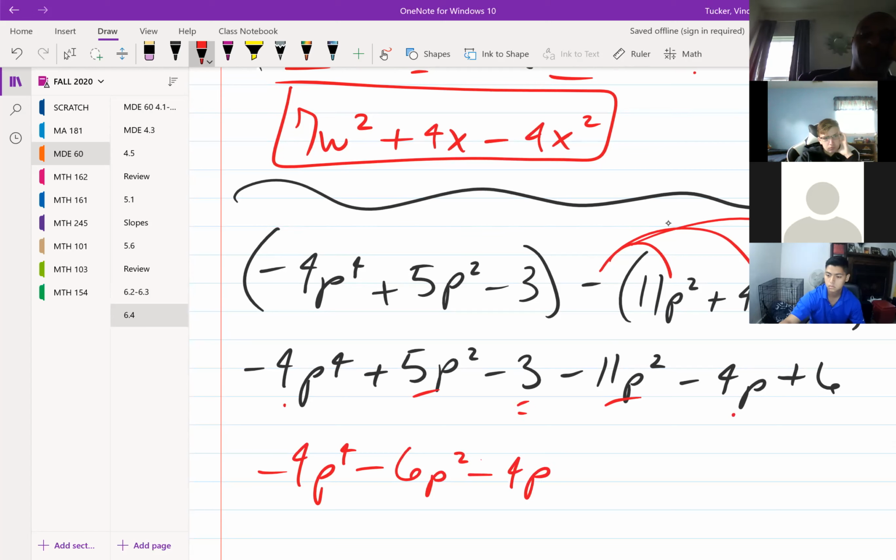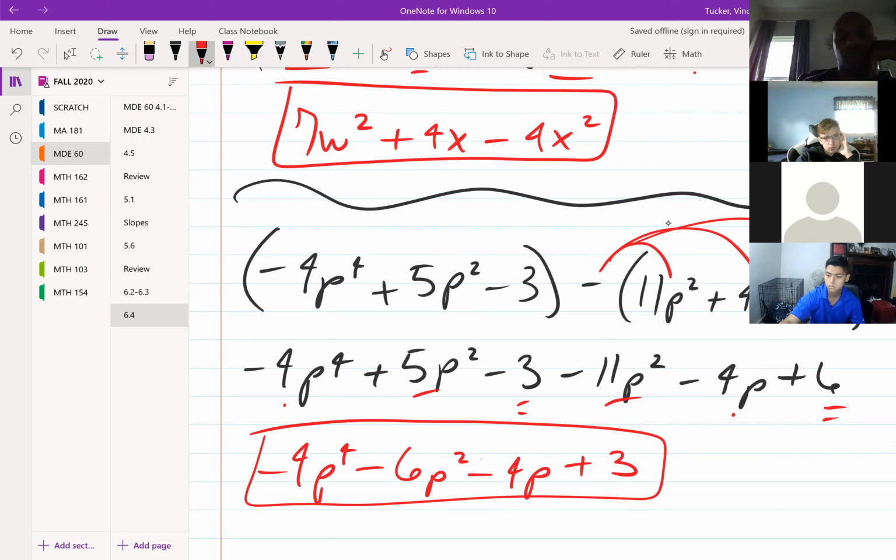And then negative 3 plus 6 is a positive 3. Make sure we're okay. And always remember that if something is negative, like the 4p, make sure it stays negative when you bring it down to your final answer. Same thing as if it was positive.